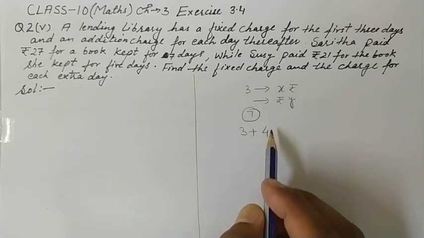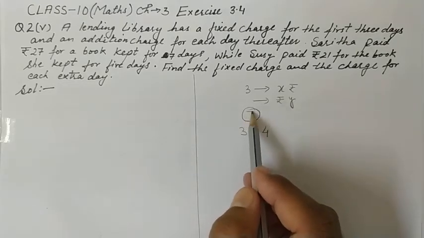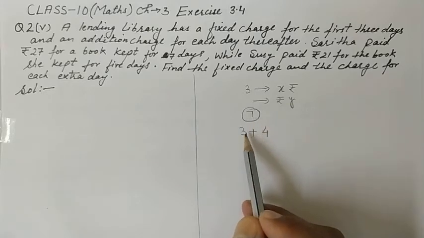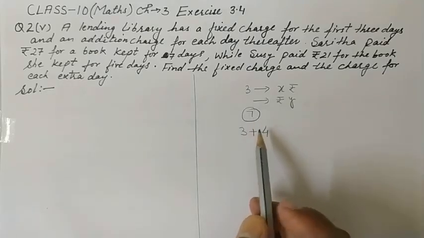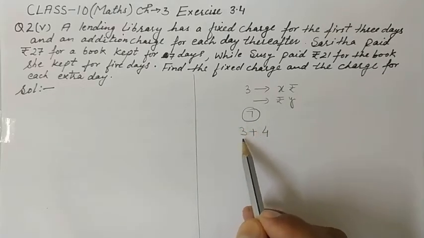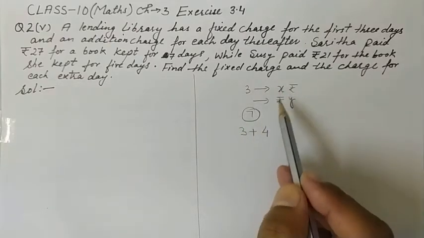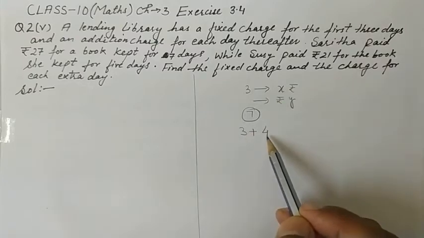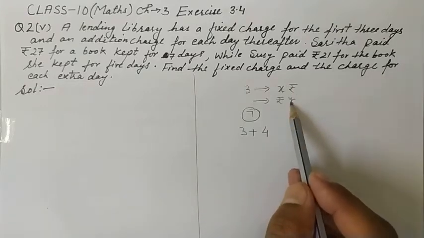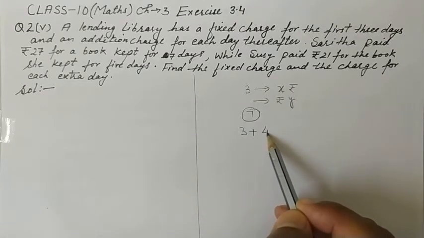Okay, I again tell you, for 7 days we split 7 into 3 plus 4, because for the first 3 days the charge is fixed, which I have assumed as X. And for the rest of the days, for each day thereafter, the charge is rupees Y. Then for 4 days it will be 4Y.